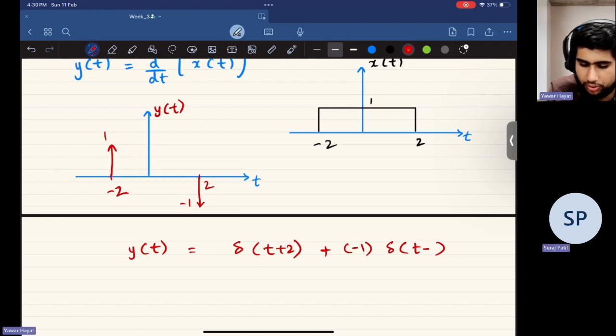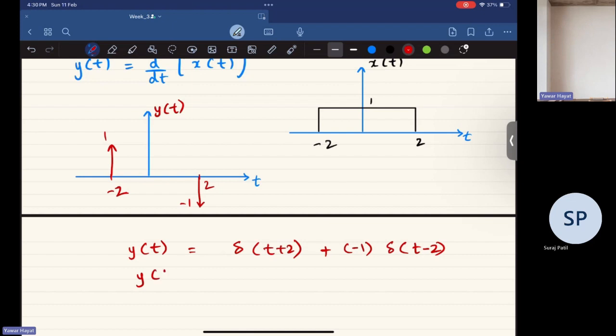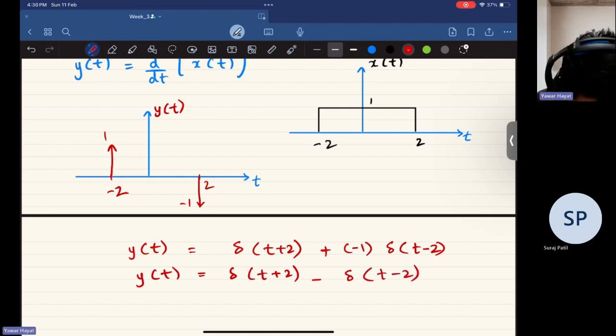I hope you are able to follow. So our y of t is delta of t plus 2 minus delta of t minus 2.